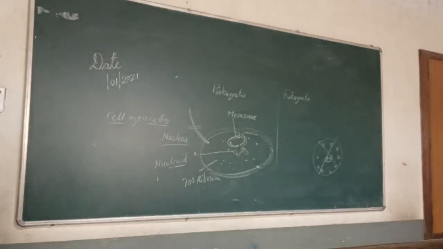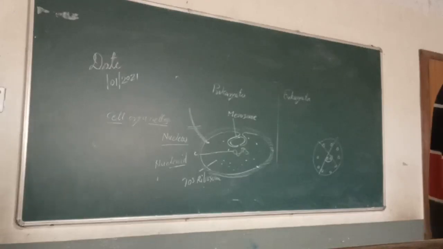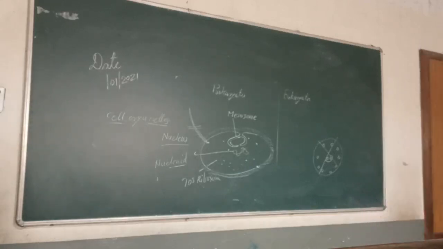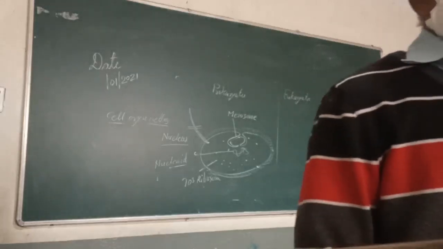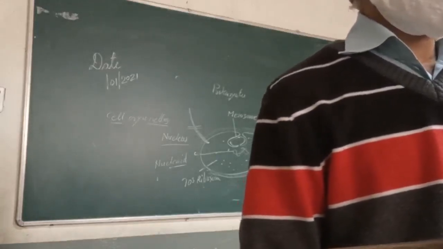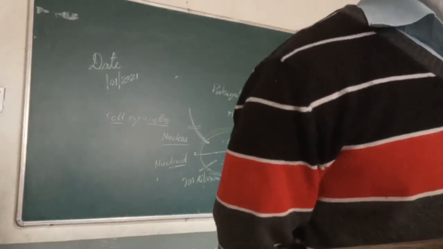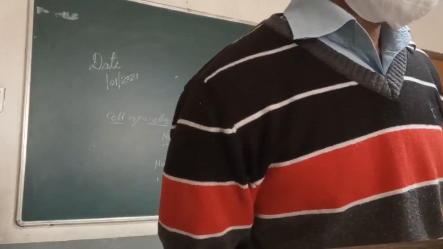In eukaryotes, write: membrane-bounded cell organelles present.